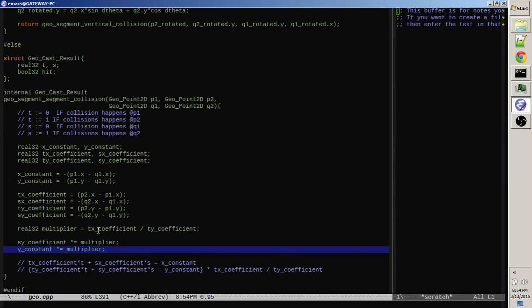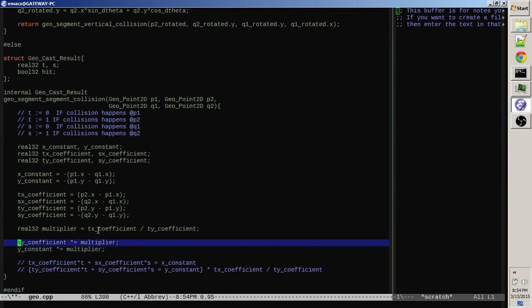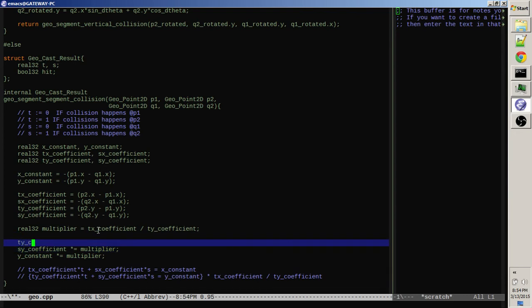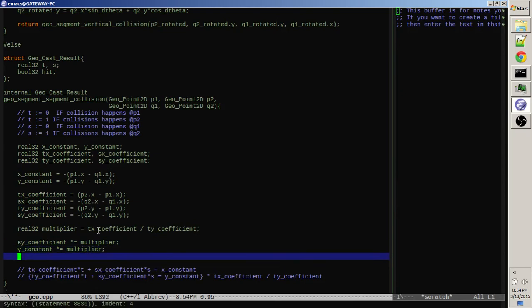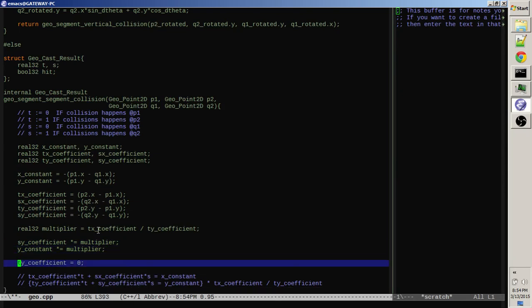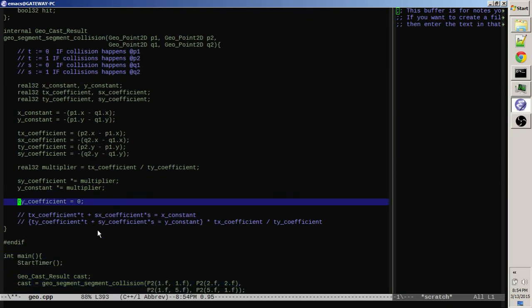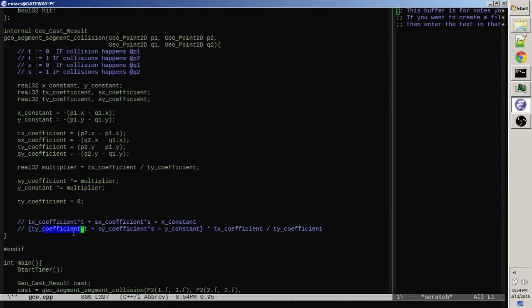The next trick is we can go ahead and make ty coefficient just 0, because that's where this is heading. I'll do that next though, because next what happens is we subtract from each term the term from above it. So this becomes this minus this, right?